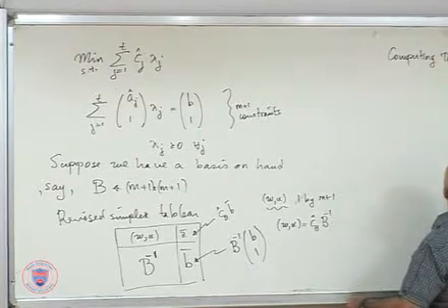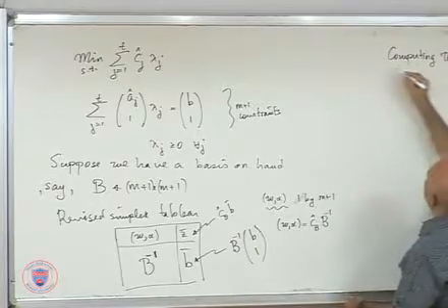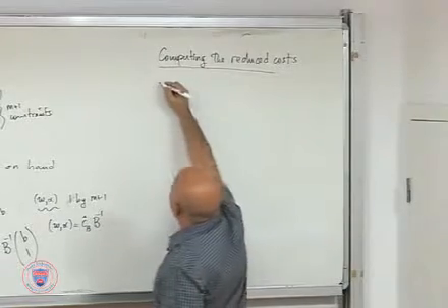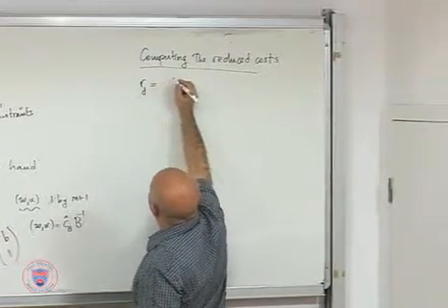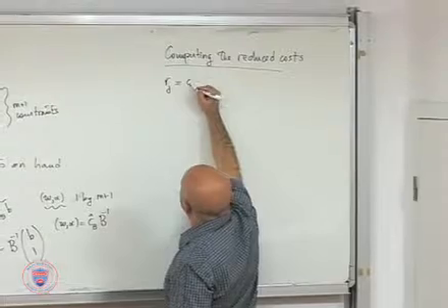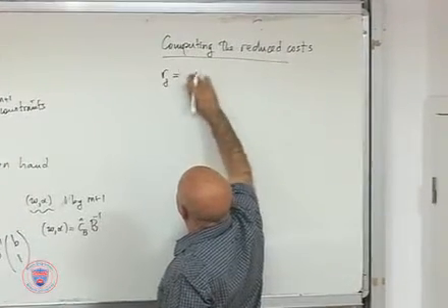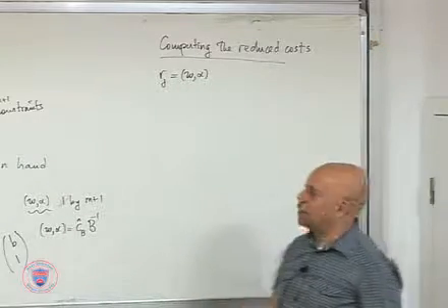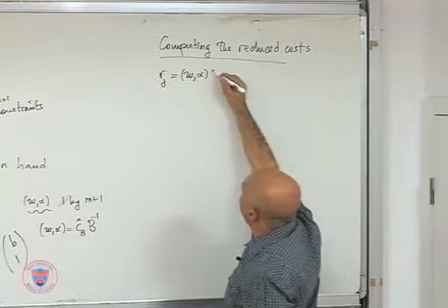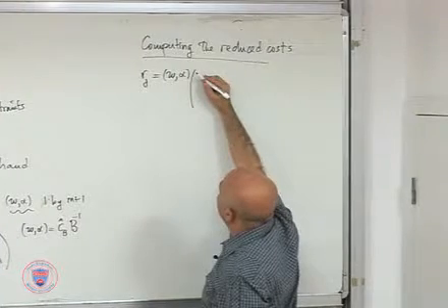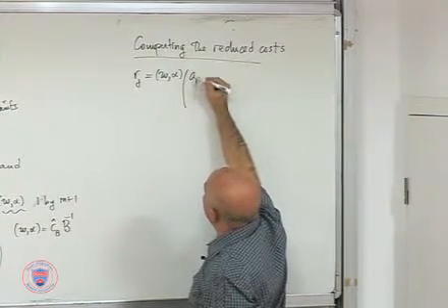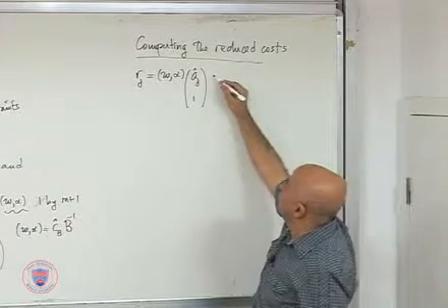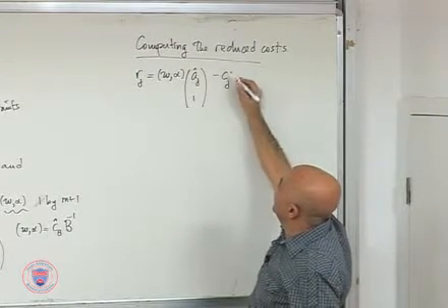Computing the reduced costs. That's what you need to identify an entering variable. Now, your reduced cost is z_j - c_j, and by definition, it's (w, alpha), which is the dual simplex multipliers, times the column associated with lambda_j, which is (a_j hat, 1), minus c_j hat.